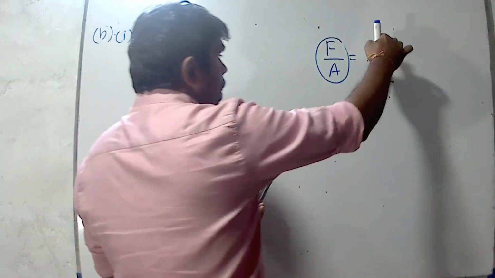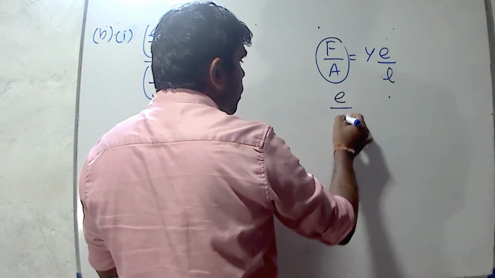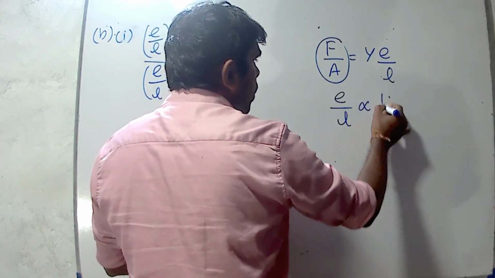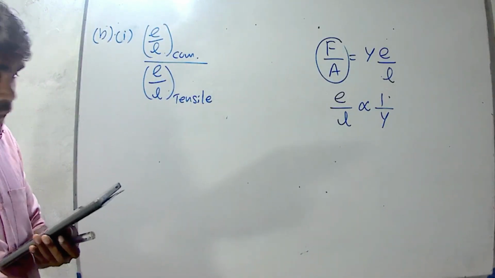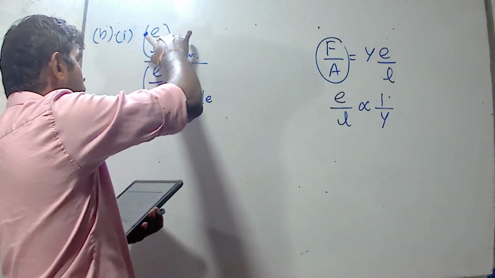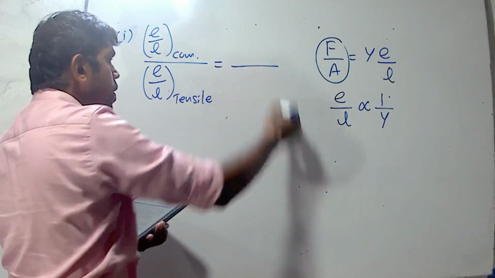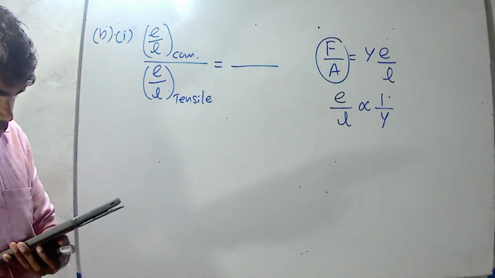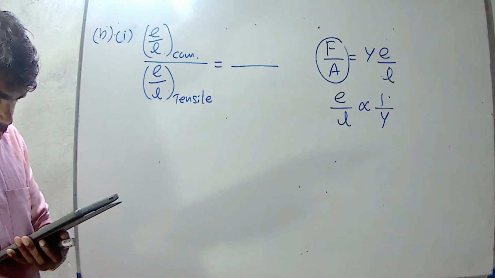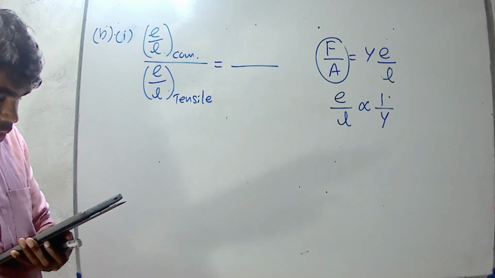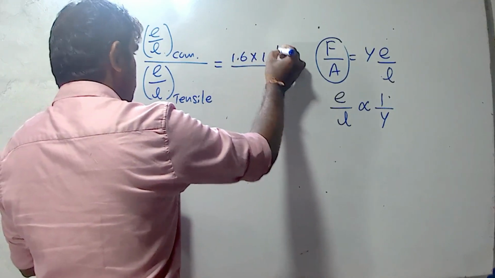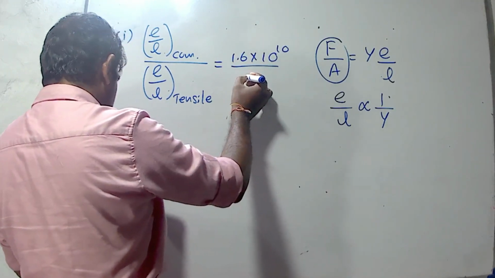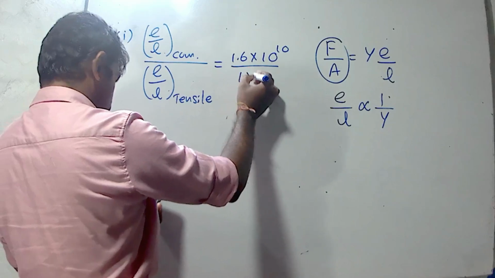Then E over L is inversely proportional to Young's modulus. So E over L compressive equals Young's modulus for the tensile value, 1.6 × 10^10, divided by Young's modulus for the compressive value, 1 × 10^10.